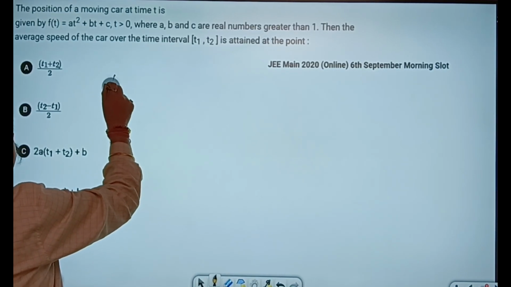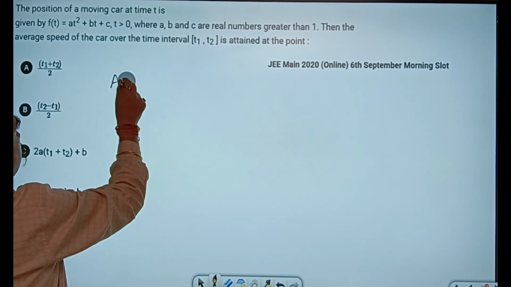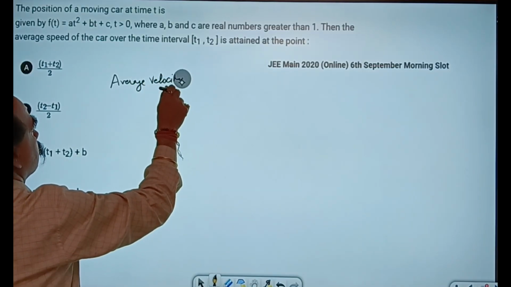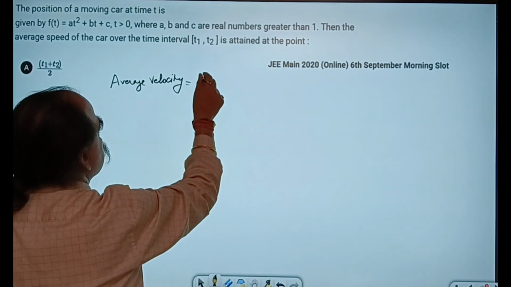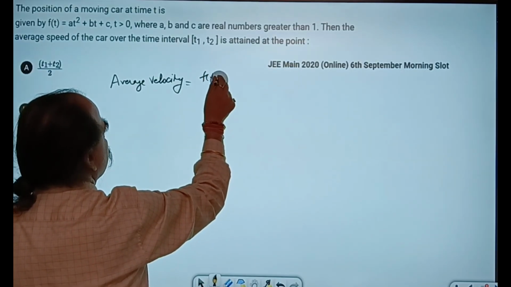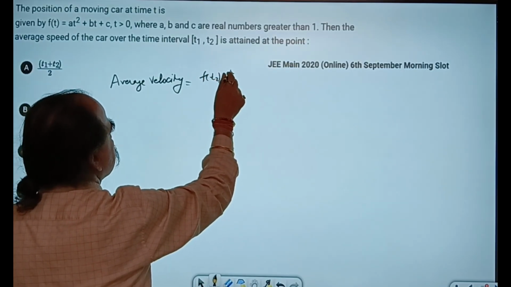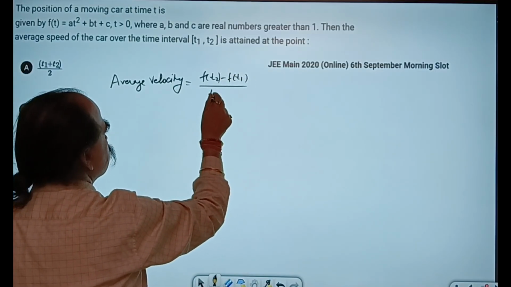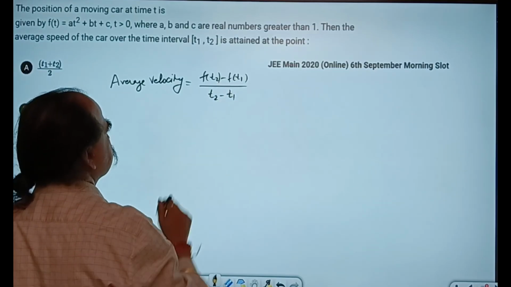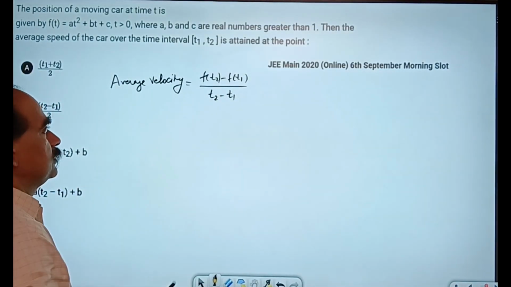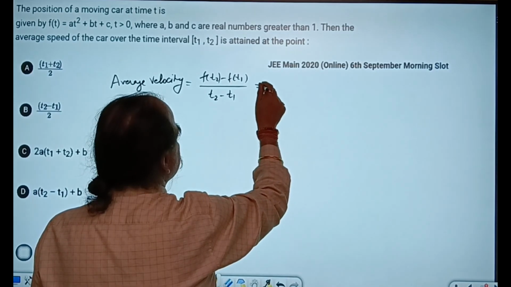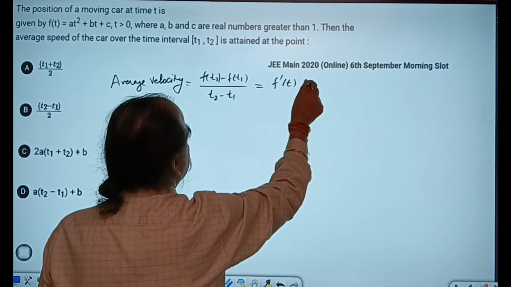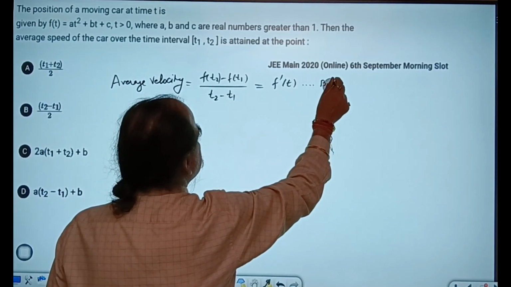Average velocity is equal to f(t2) minus f(t1) upon t2 minus t1, because the interval is from t1 to t2, which is the same as f dash t by Lagrange's mean value theorem.